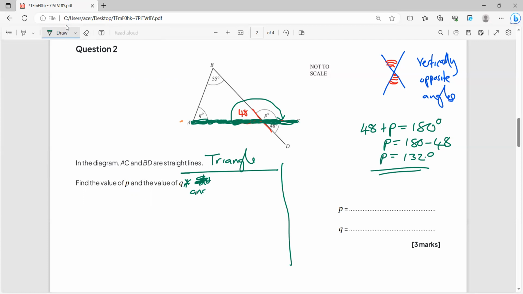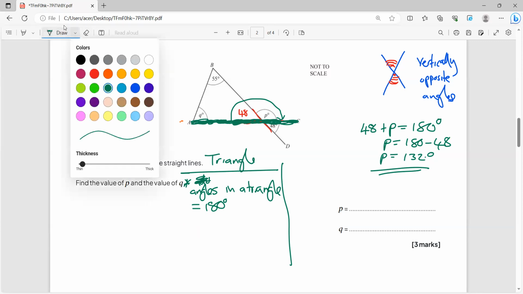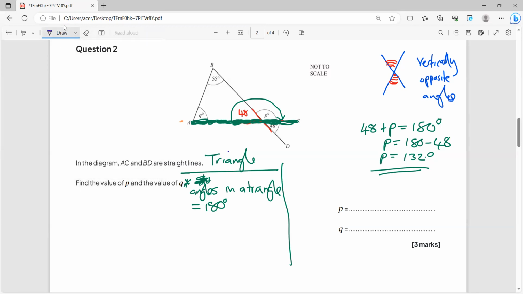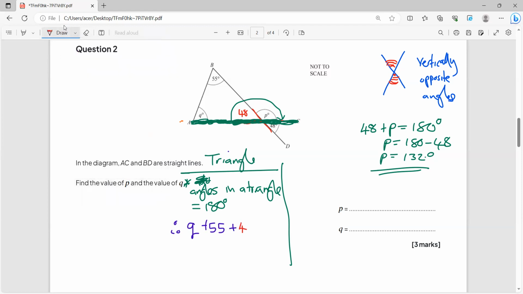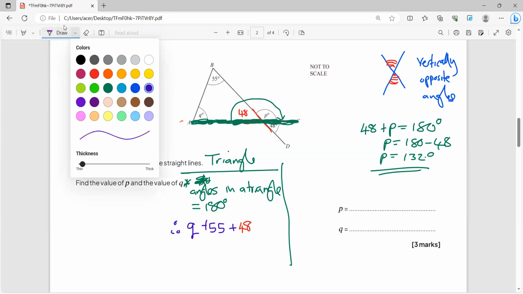Just write this: angles in a triangle equal 180 degrees, which means Q plus 55 plus that red 48, the interior angle right beside P, must give us 180.